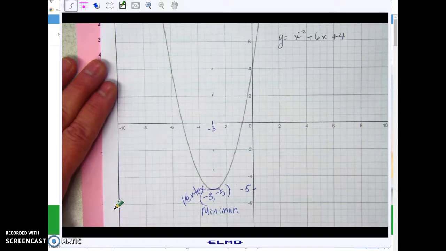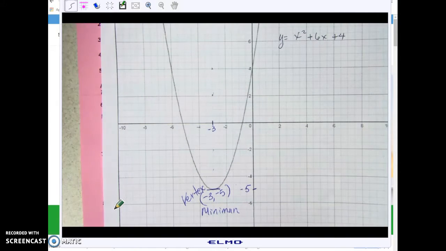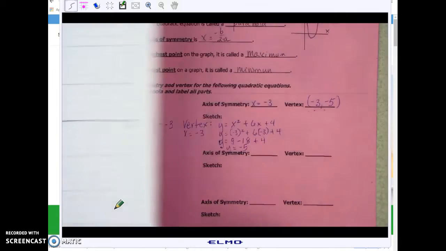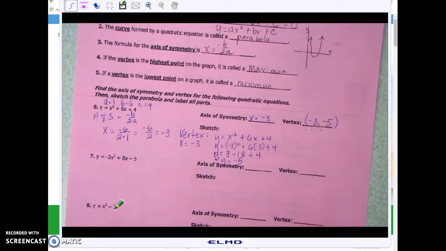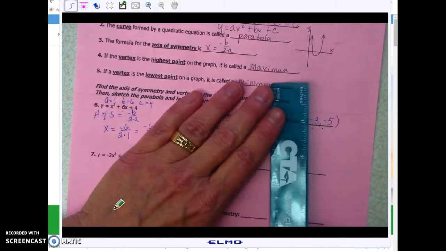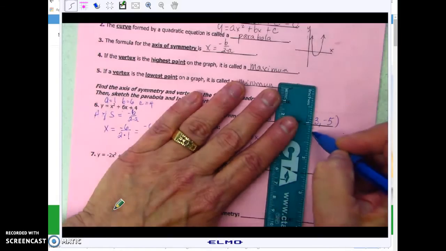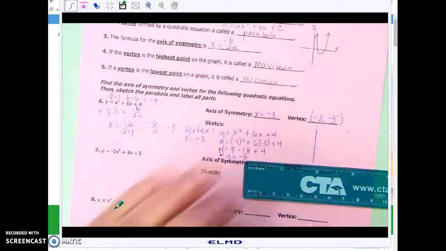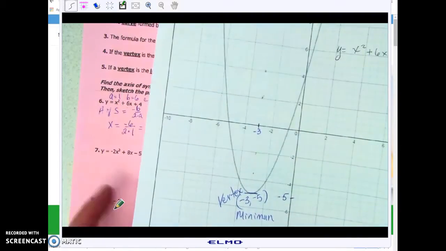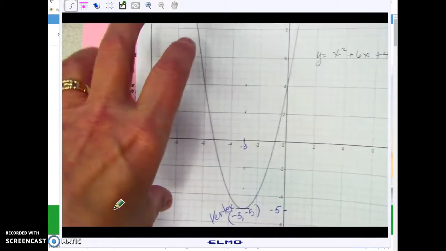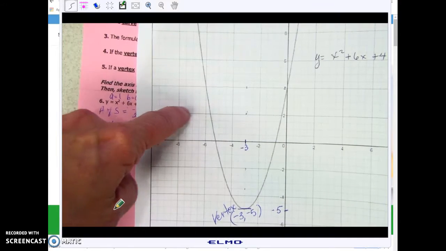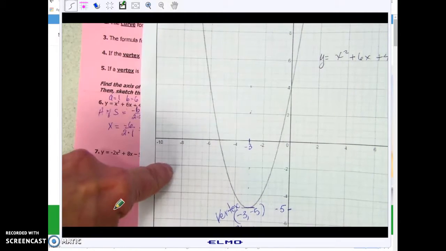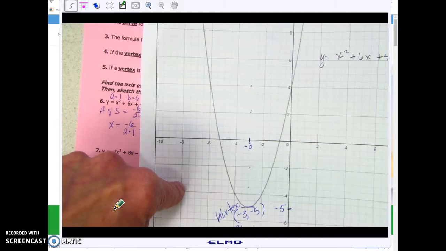Okay, so what you're going to do on yours, use a straight edge, use your lanyards, your ID if you need to. Create your X and Y. Most of this graph you'll see is on the left side. What quadrant is that? Second, quadrants 2 and 3.